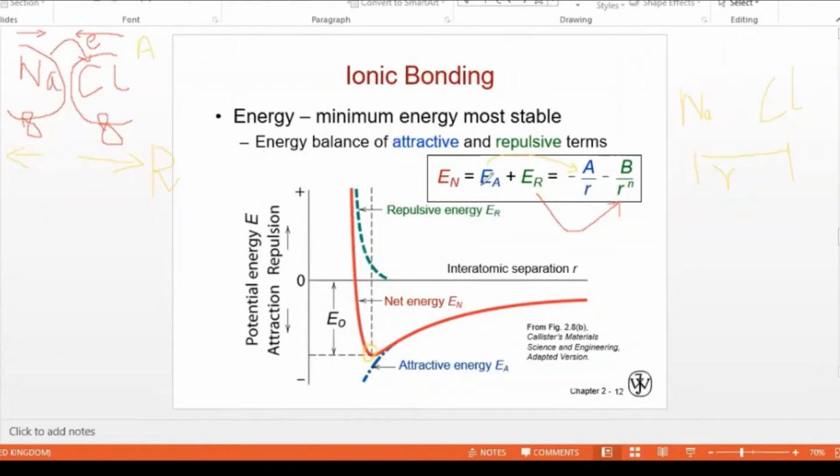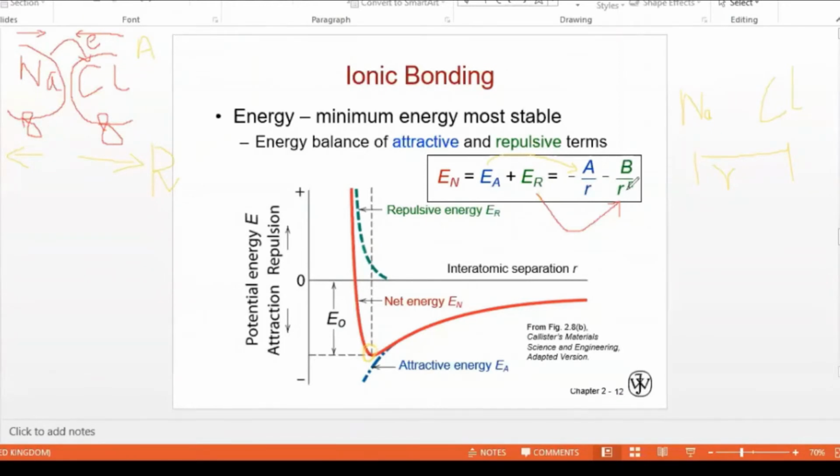Now this attractive energy can be written as minus A upon R. This is a standard formula. Similarly, the repulsive energy can be written as minus B upon R to the power n. This A and this B are constant numbers, while R is the interatomic separation.